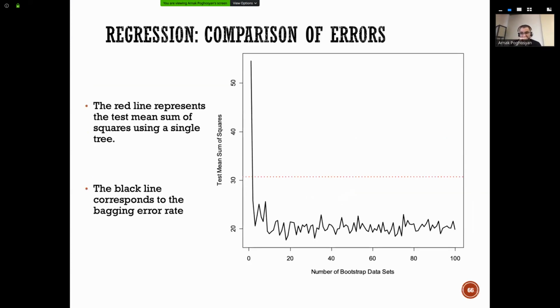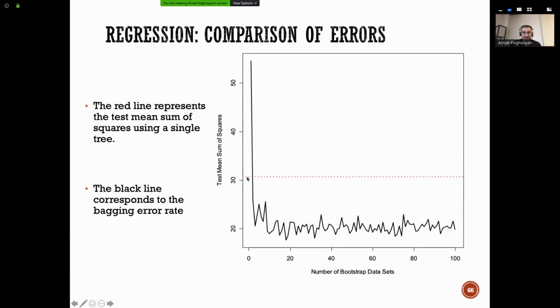Then here we have another regression example. The red line represents the test mean sum of squares using a single tree, and the black line corresponds to the bagging error rate. So this is showing how bagging sometimes can be better compared with the original tree, but pay attention that the numbers are not giving you a big difference. You see that the original tree is almost around 30. This is giving you mean sum of squares.